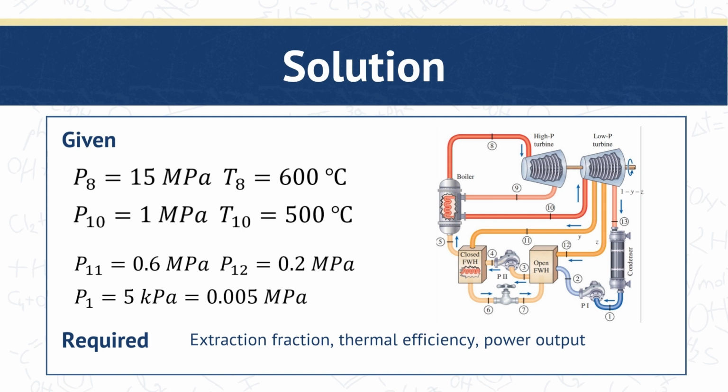Stream 12 for the open feed water heater has a pressure of 0.2 megapascals. And then the stream used for the condenser is 5 kilopascals or 0.005 megapascals. Again, here are our required parameters.